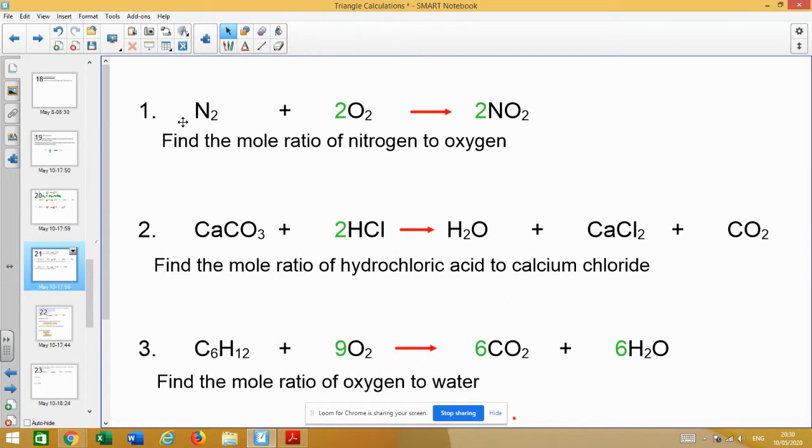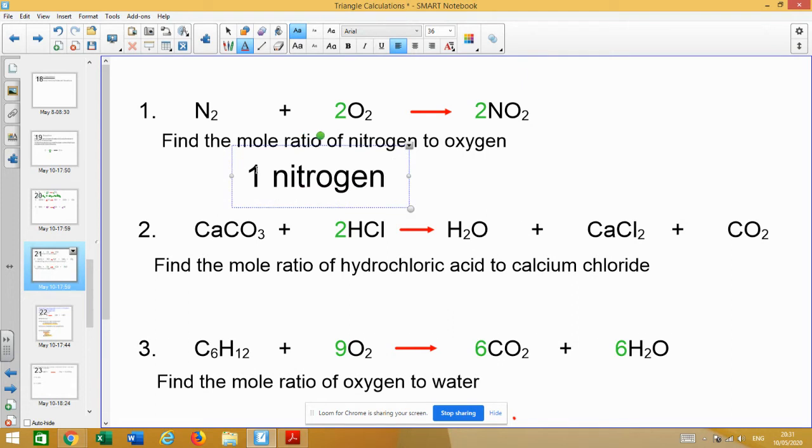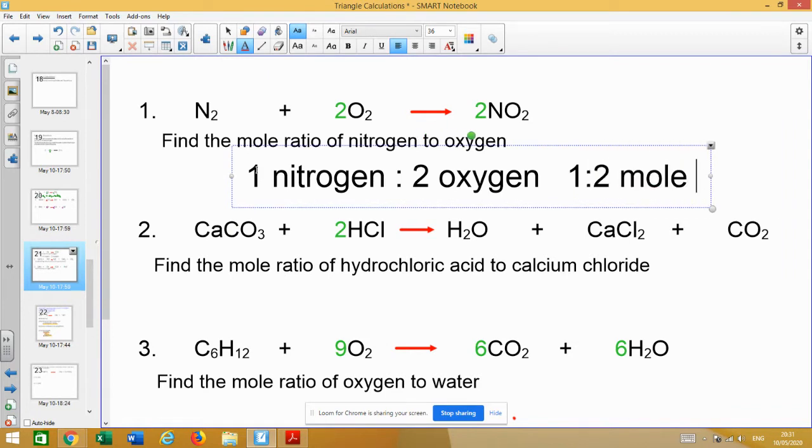So if you don't see a number, it's 1. So nitrogen to oxygen ratio. So in this example here, we've got 1 nitrogen to 2 oxygen. And that's our mole ratio, written just as 1 to 2 mole ratio.